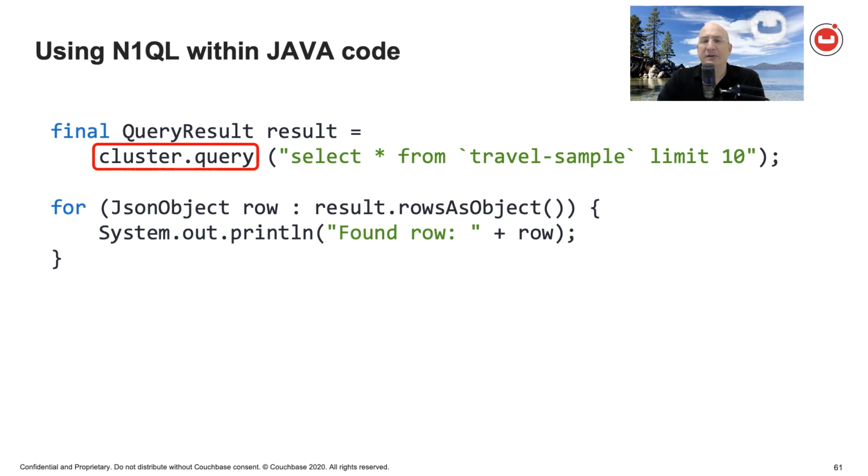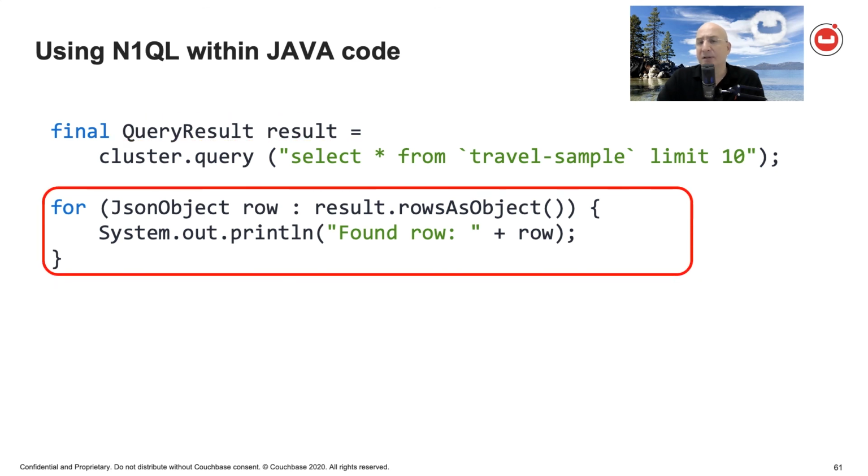The query method executes the N1QL command inside its argument. The method returns an object of type QueryResult that holds the document set returned by the query. In this example, it is returned to the variable result.